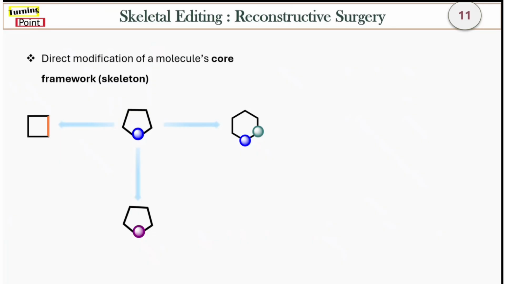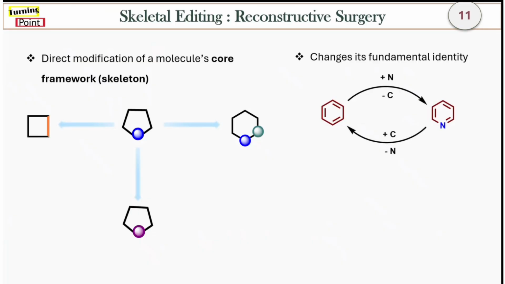So this skeletal editing leads to a change in the fundamental identity of the molecule. Let's suppose we are transforming benzene to pyridine or pyridine to benzene. In this transformation, if you see carefully, there is only one atom replacement, like carbon to nitrogen or nitrogen to carbon. But still this editing is changing the identity of the molecule.